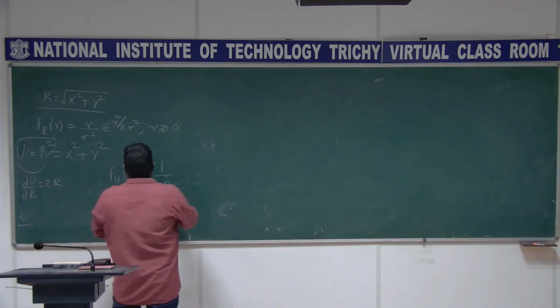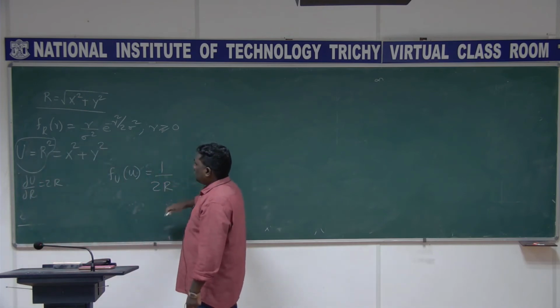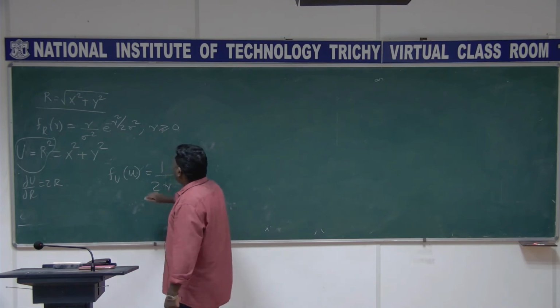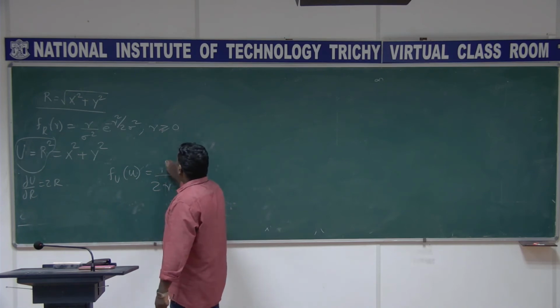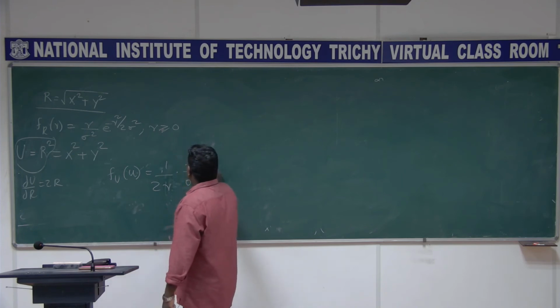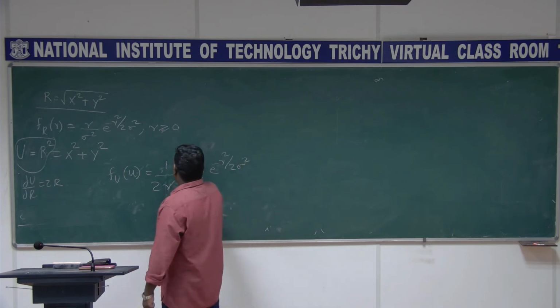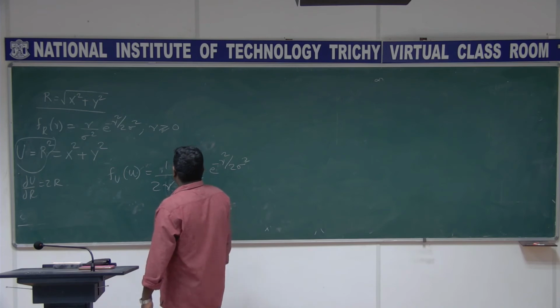So I used it here. I'll write it here: R by sigma square, e power minus R squared by 2 sigma square. R gets cancelled, right?